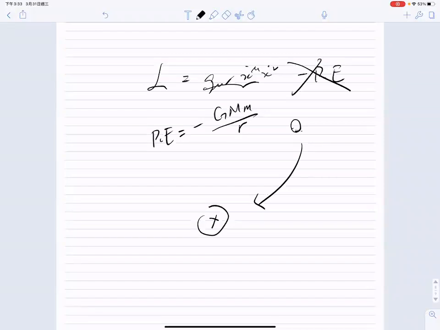Because it should be. Yes, it is the nature property. So after this class, you may learn the true meaning of the geodesic equation, like I give you a general metric.